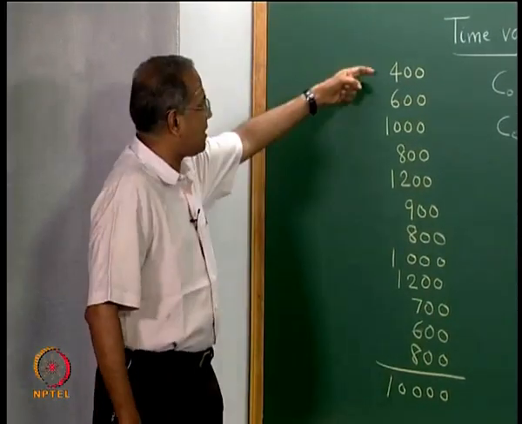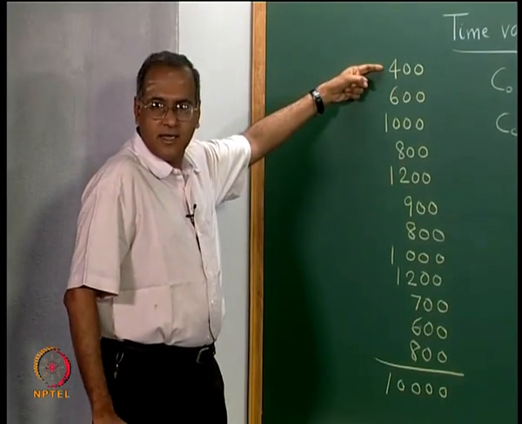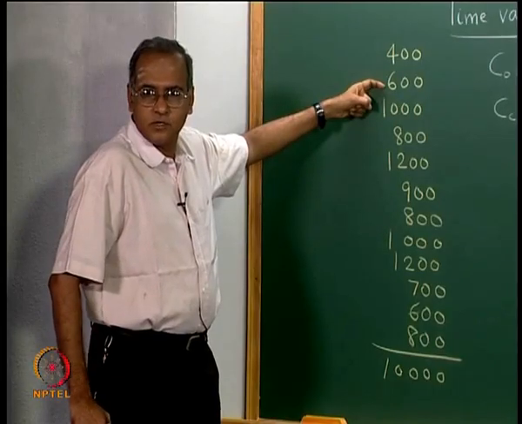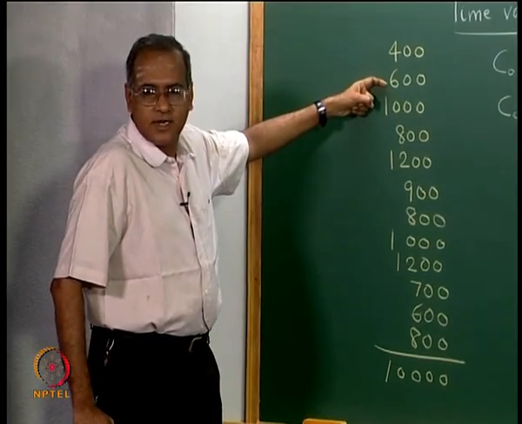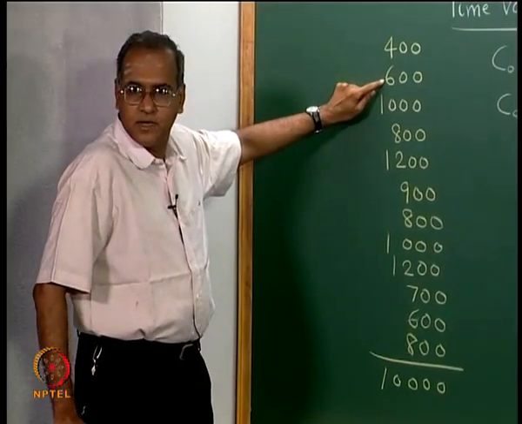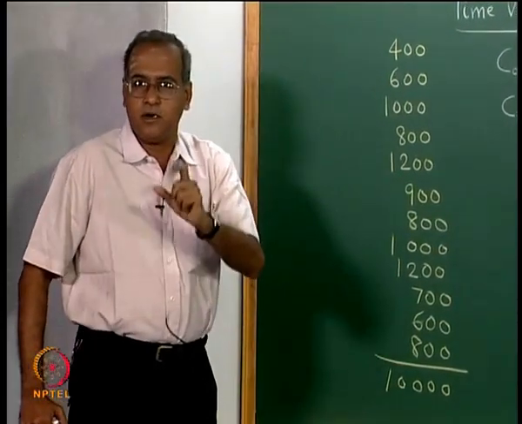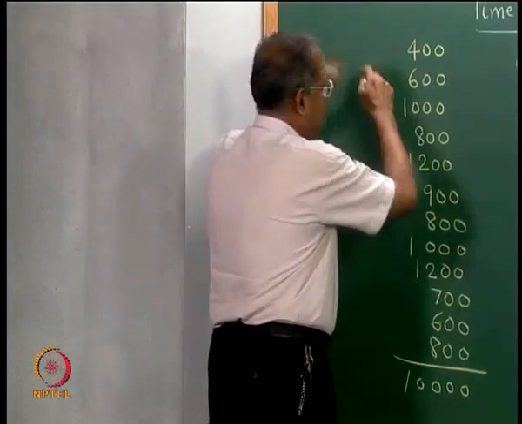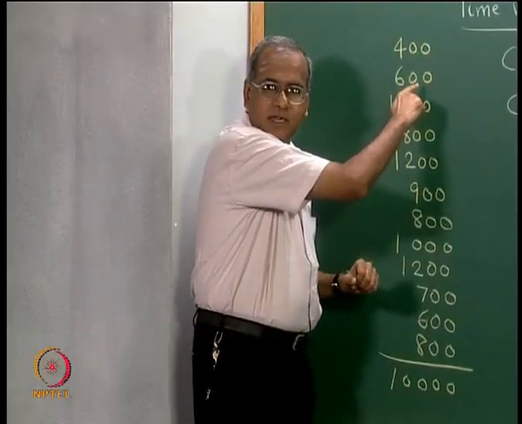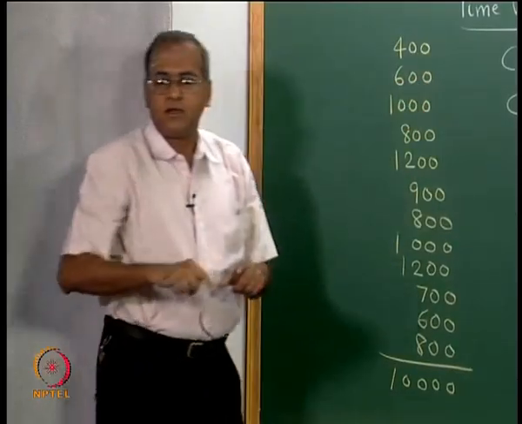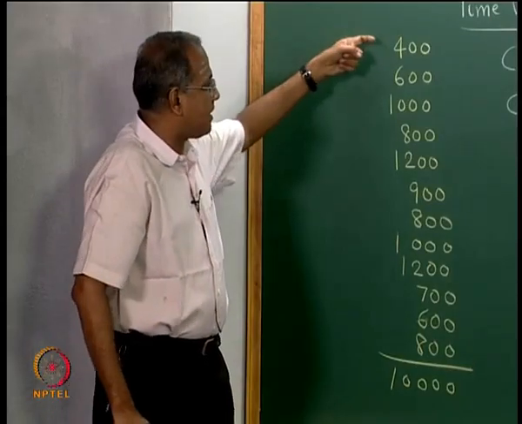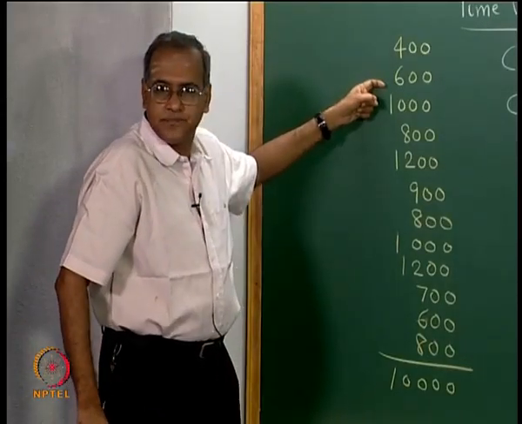When we place an order here for 400, it automatically means we have to place another order here for the 600. So there will be 2 order costs, and individually we will be carrying 200 here and 300 here. If it is cheaper to place one order here and then find out the sum of the inventories that we will carry, then obviously we would like to order 1000 here rather than ordering a 400 and a 600.